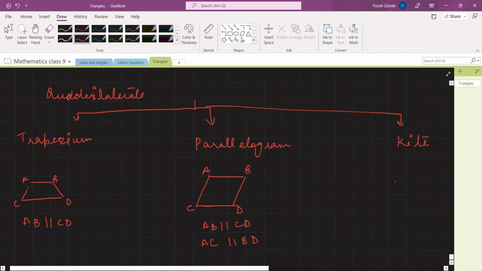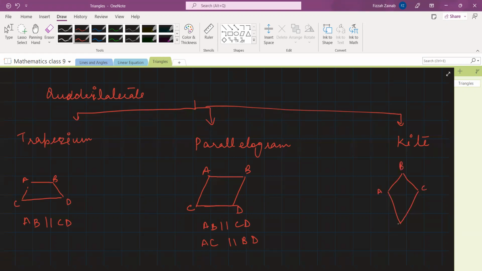Okay. Now kite. In a kite, it looks like this, the shape of a kite, right? So if I call it A, B, C, D. Now here opposite sides are not parallel. The adjacent sides are equal, right? That means this side will be equal to this side and this side is equal to this side.